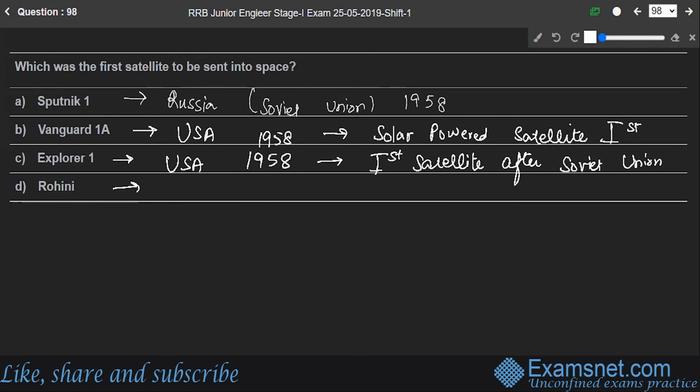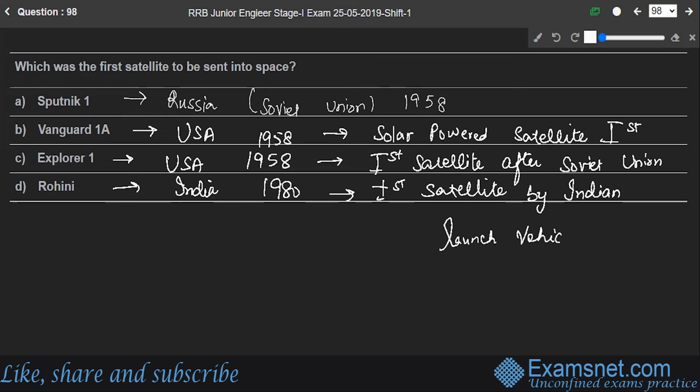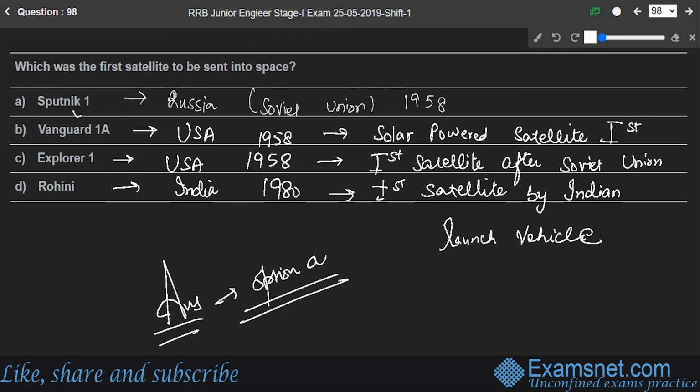And Rohini, India, 1980, the first satellite to be placed in orbit by an Indian-made launch vehicle. So the answer is the first option, Sputnik 1. Hope you got that.